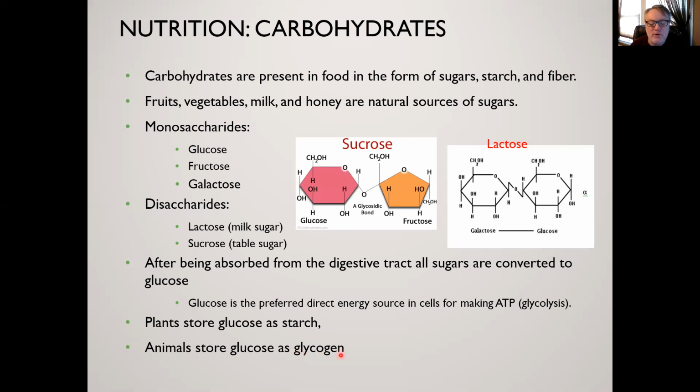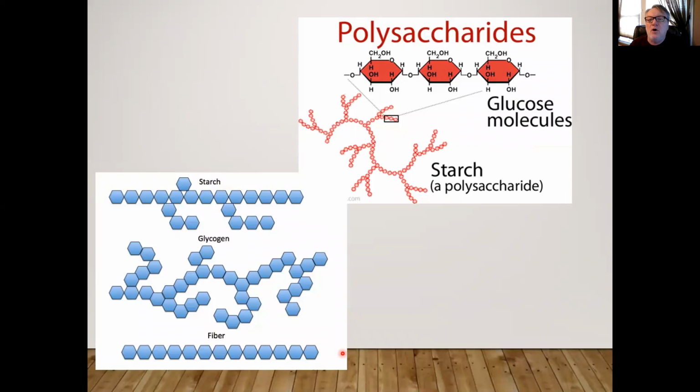So it can be stored in the form of glycogen for about 7 days. Now, all of these would be referred to as polysaccharides, meaning there's, instead of disaccharide, which means 2, the polysaccharide is many individual glucose molecules. And so now we have multiple linkages.